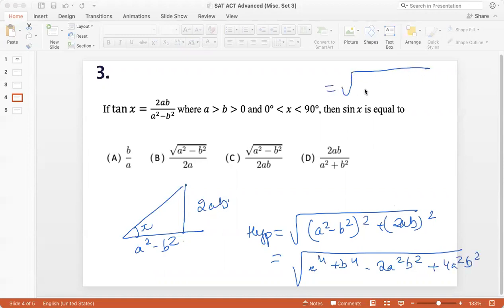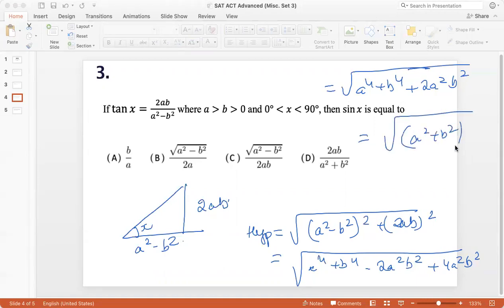So that's the square root of a to the power 4 plus b to the power 4 plus 2a squared b squared. And that's the same as (a squared plus b squared) the whole squared. So that will be simply a squared plus b squared. So the hypotenuse is a squared plus b squared. So sine x would be opposite over hypotenuse, 2ab divided by a squared plus b squared. Option D.